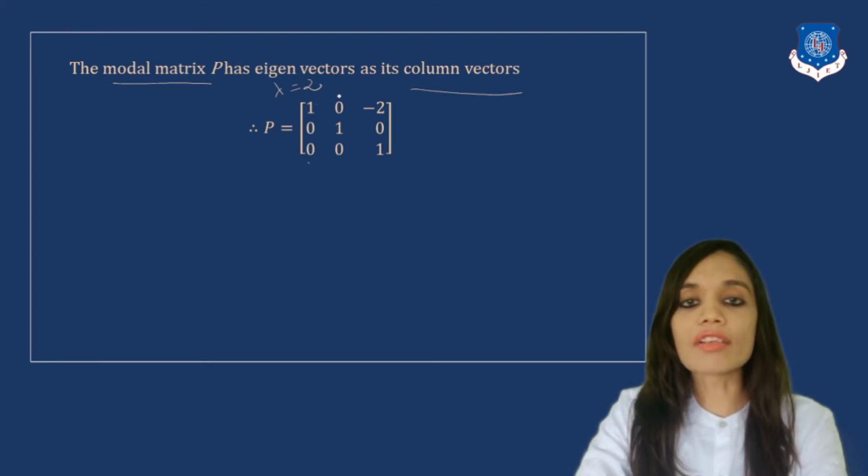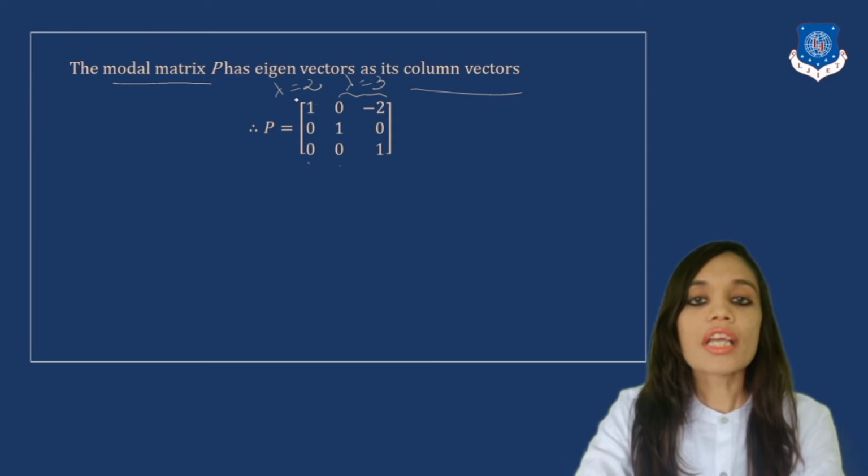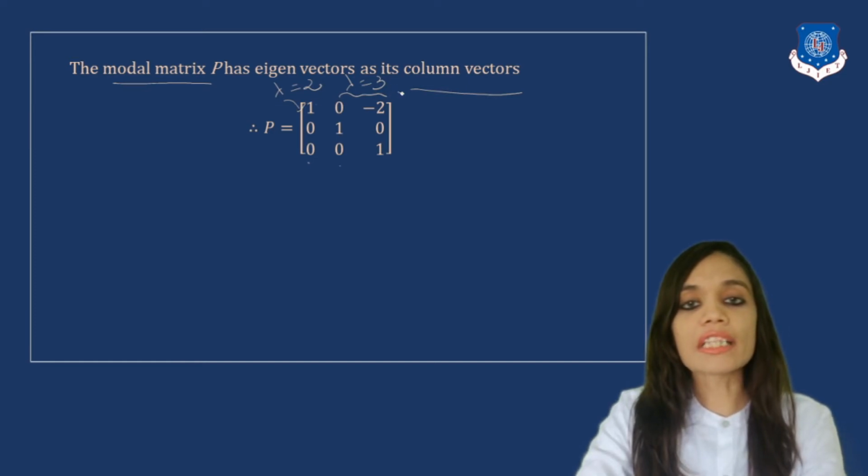Now write the eigenvectors corresponding to lambda equal to 3, so they are (0, 1, 0) and (-2, 0, 1). Remember, you always have to write the eigenvectors in ascending order of the eigenvalues. So here we have first written the eigenvector of 2 and then the eigenvectors of 3.